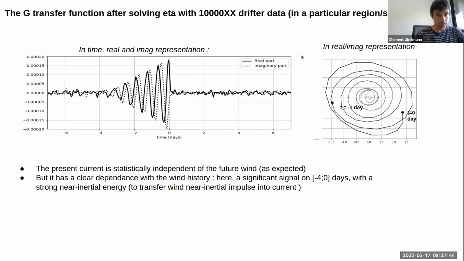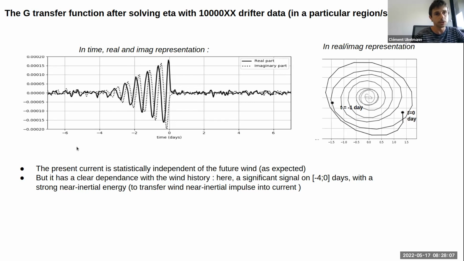So I thought it was really interesting to look at this convolution function, this ocean response operator. First, we know that the present current shouldn't be affected by the future wind, right? But it's really nice here to verify that.